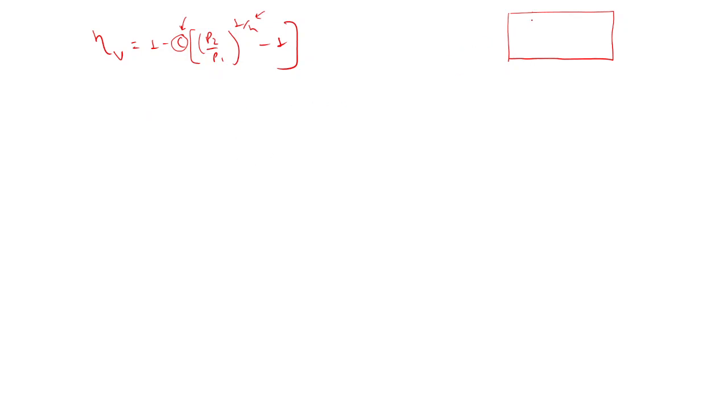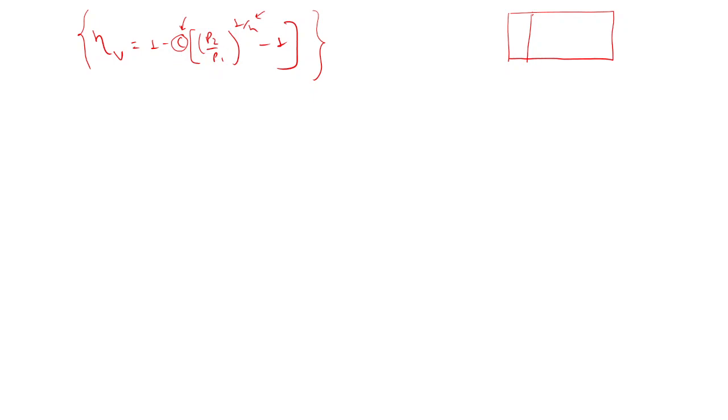If somewhere it would be mentioned like clearance ratio is 3% or 10%, then we would be using this formula. Like in the next problem, I would be giving that problem to you for homework, and in the next class, at the start of class, we will solve that problem. There it is written like clearance ratio is some percentage. I can't remember, I think 3 or 5% is there.